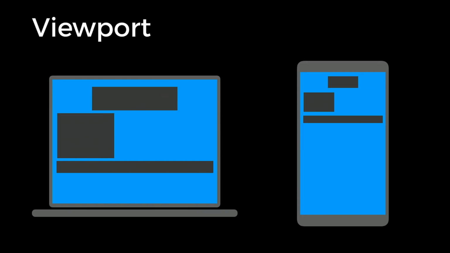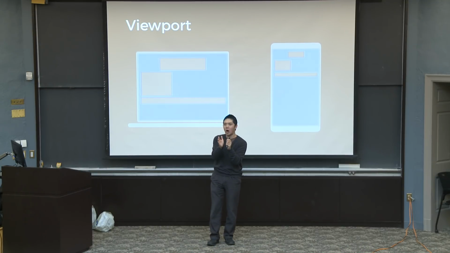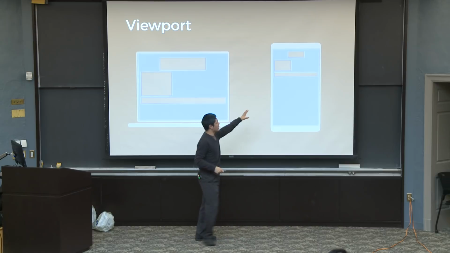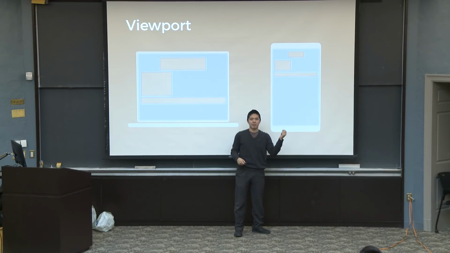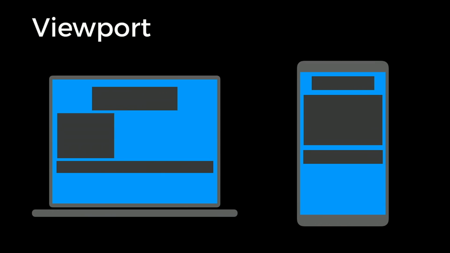Oftentimes you might see pages where if you open it up on a phone, the text is very, very small. That's generally a sign that the person wasn't really thinking about how best to adapt the page for mobile responsiveness. What we want is not a page that looks something like this, but a page that looks a little bit different to fill the viewport of the mobile device.